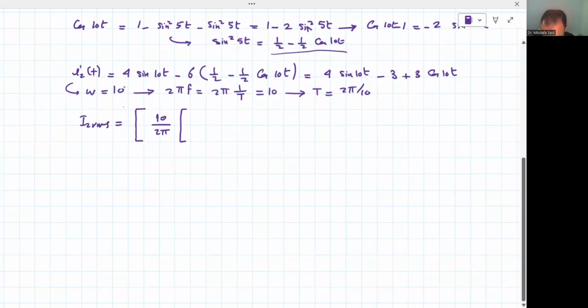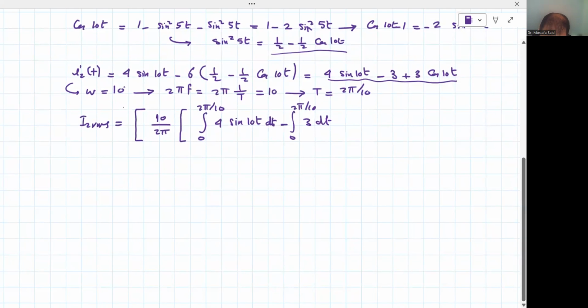Then another big bracket, because we have a big term: the integral from 0 to 2 pi over 10 of all these terms. So we can distribute the integral over these terms: 4 sine 10t minus the integral of 3 dt, of course there is a dt here, plus the integral from 0 to 2 pi over 10 of 3 cosine 10t.